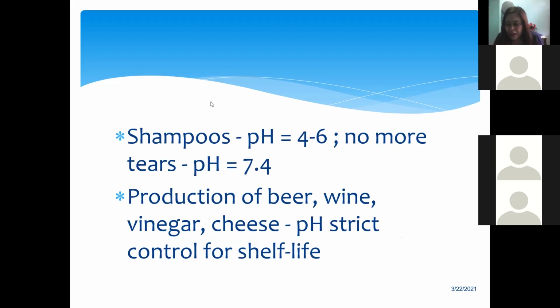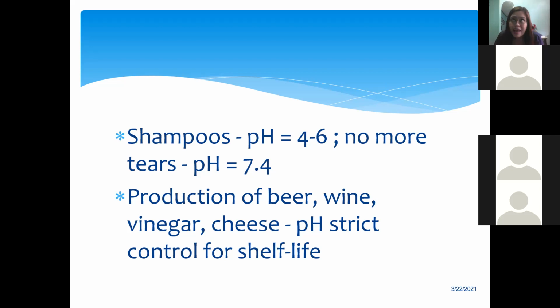And then in things we use day to day, for example our shampoos, most of our shampoos have a pH between 4 to 6. And what do you call that?